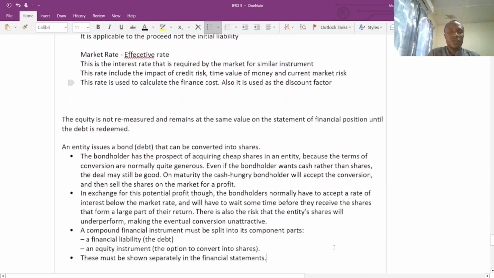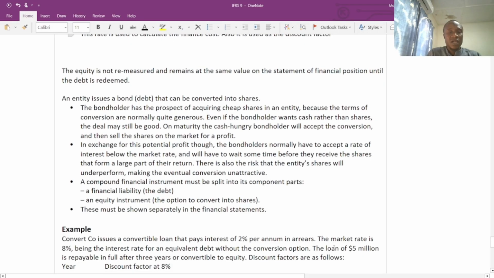Let's try to understand other concepts, which is important. An entity issues a bond debt that can be converted into shares. The bondholder has the prospect of acquiring cheap shares in an entity because the terms of conversion are normally quite generous. That's not my key problem for now. It's obviously because if you can exercise the option, it means it will be at your benefit.